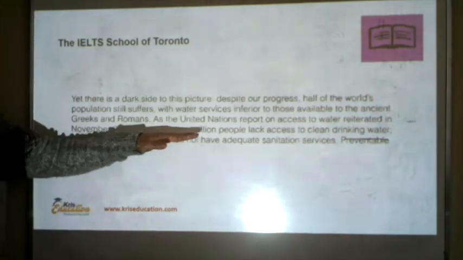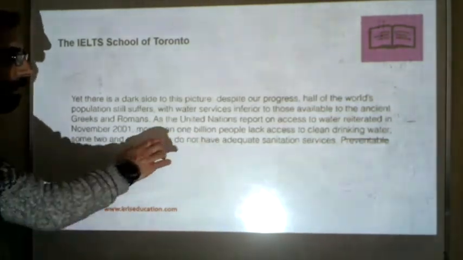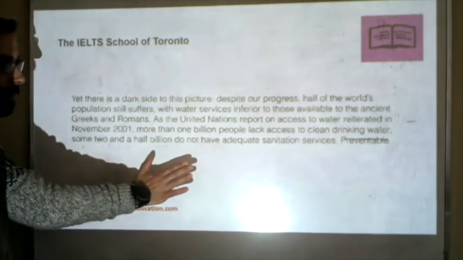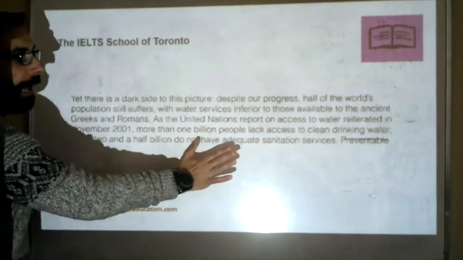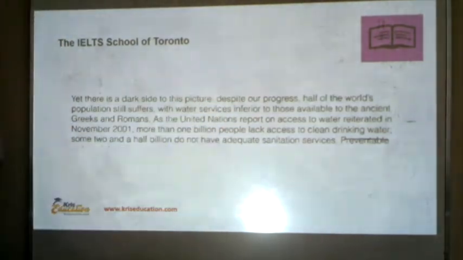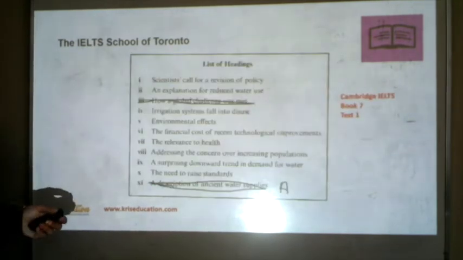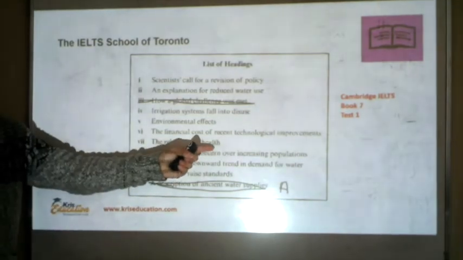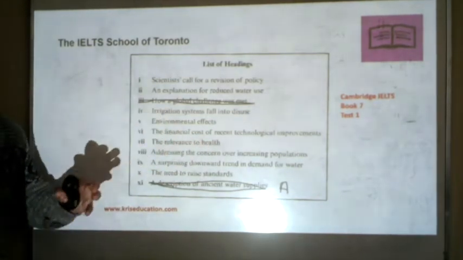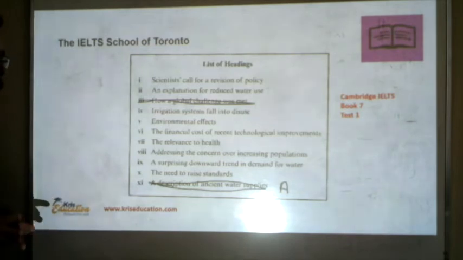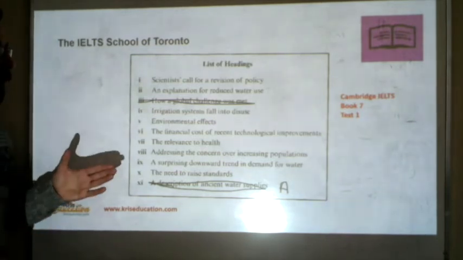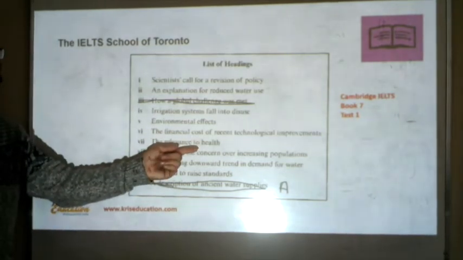So the main idea is lack of access to drinking water and inadequate sanitation services. A synonym for sanitation services is health. Sanitation and health are words used when we talk about health, so that's why the relevance to health is the answer for this one.